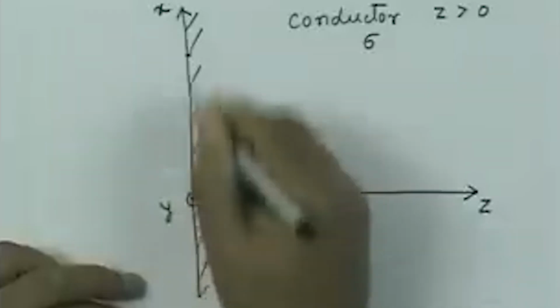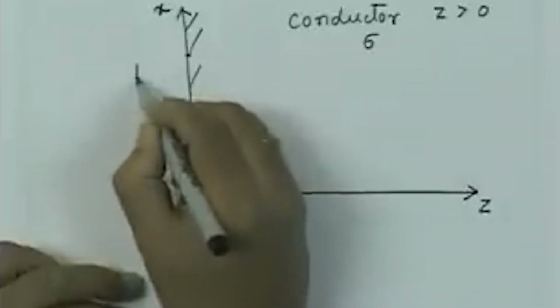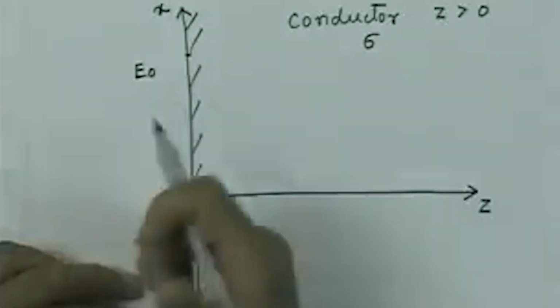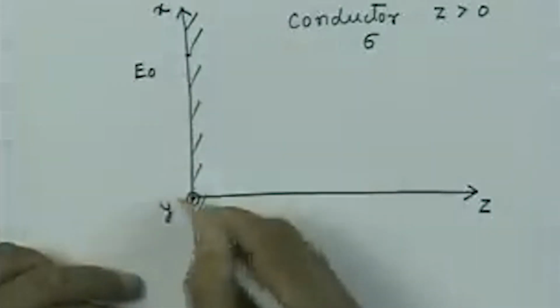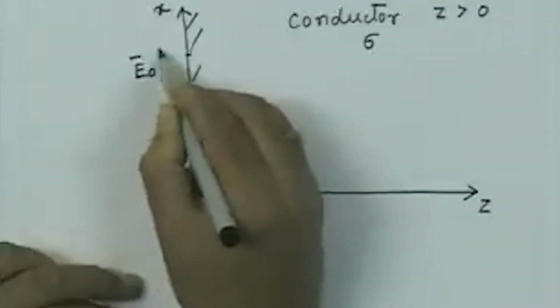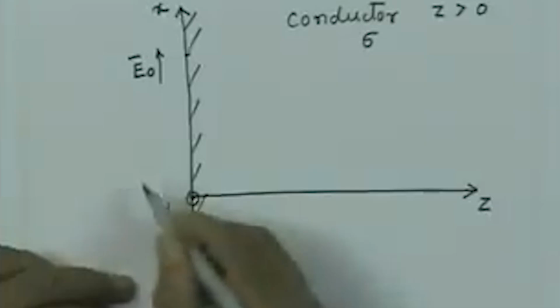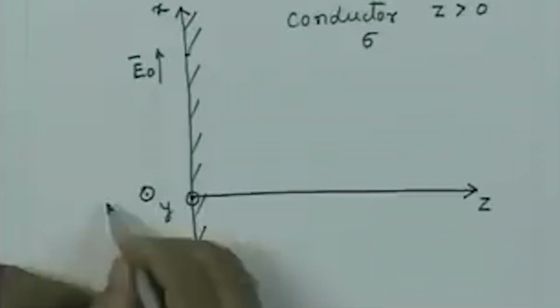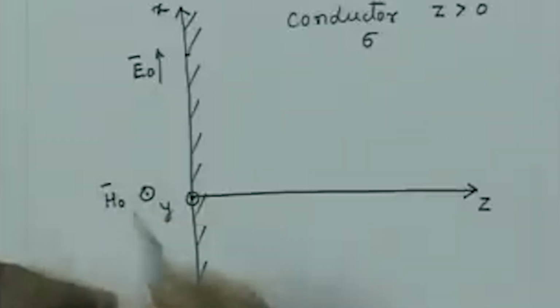So if I say the value of the electric field in this direction was some E0, and the magnetic field, which will be oriented in the y direction, that will be H0. So this is the magnetic field.